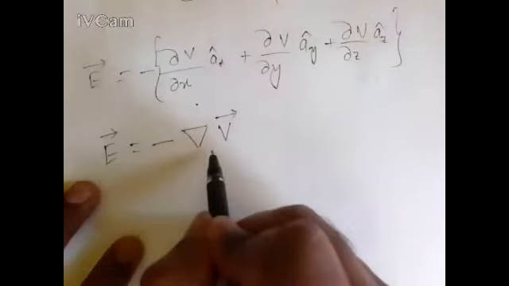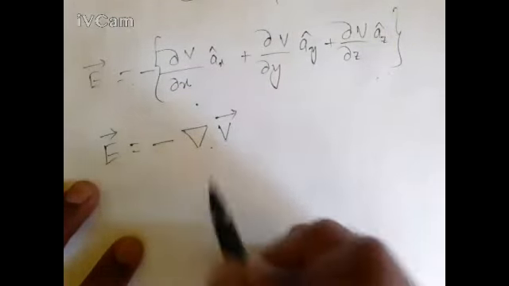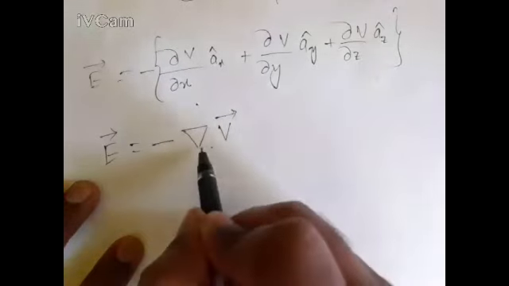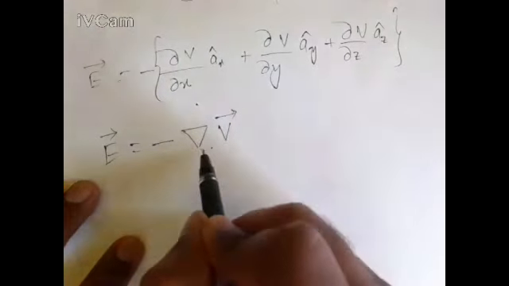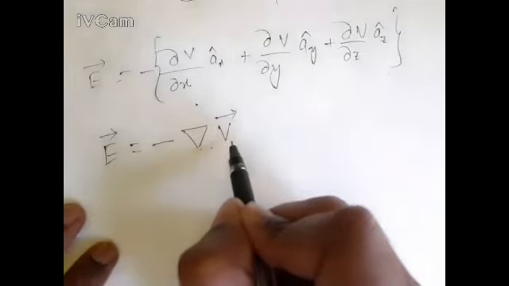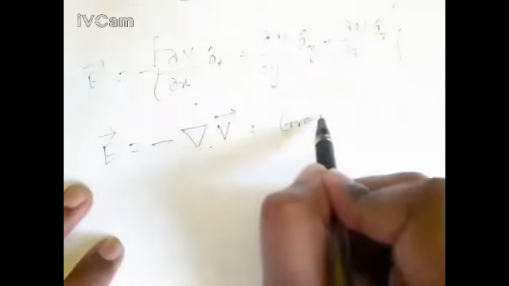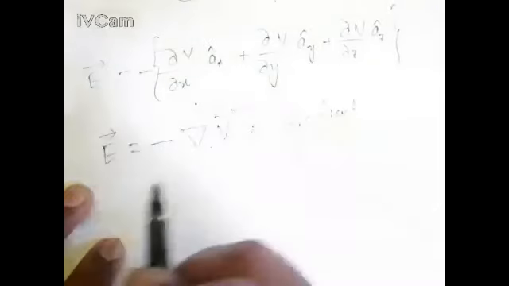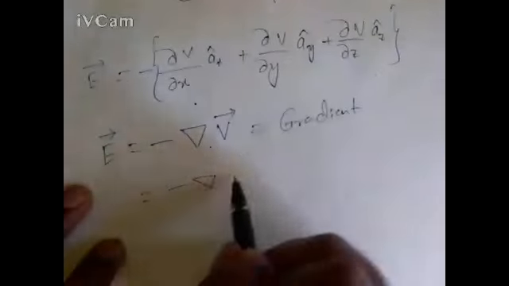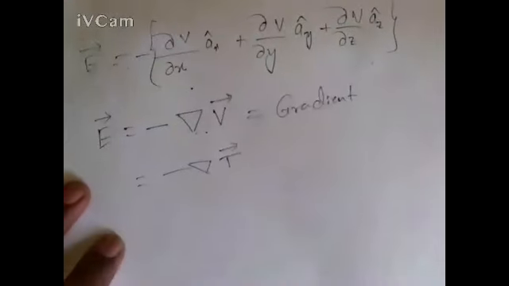You should remember there is no dot over here. This is just del V. That means this is the gradient of V, where V is the potential. Potential gradient, and this is called the gradient. You can write it as del T, where T is the temperature gradient.